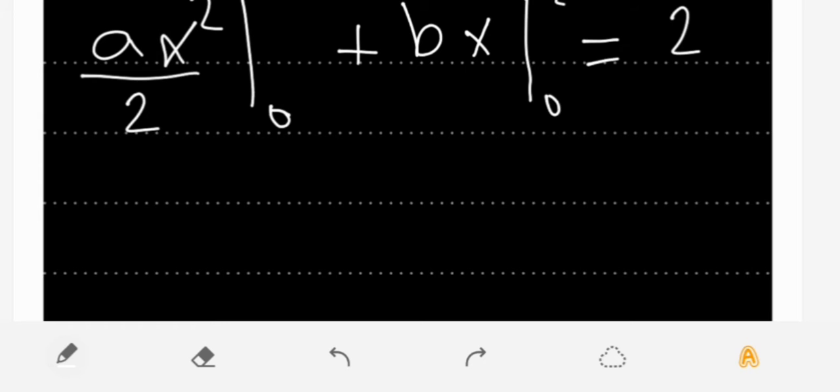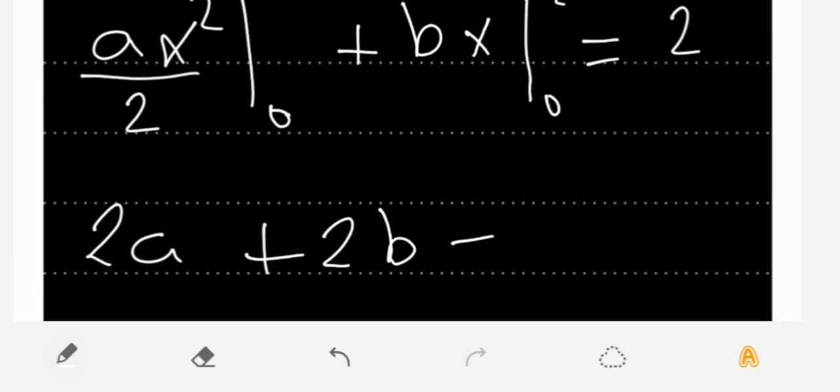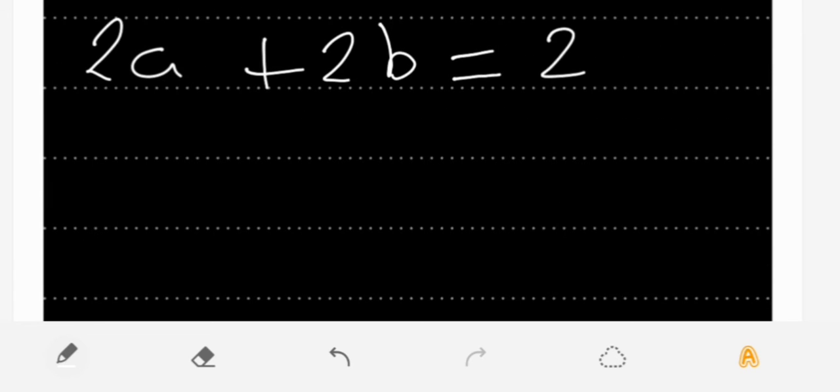So 2a plus 2b is equal to 2. Dividing everything by 2, we have that a plus b is equal to 1.